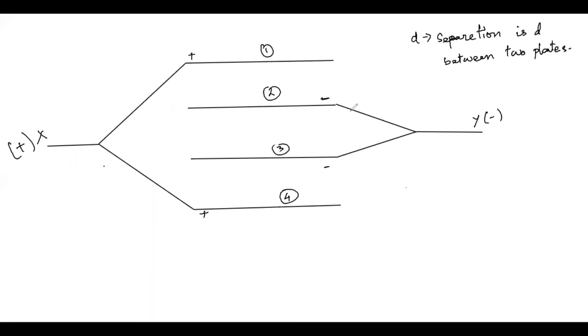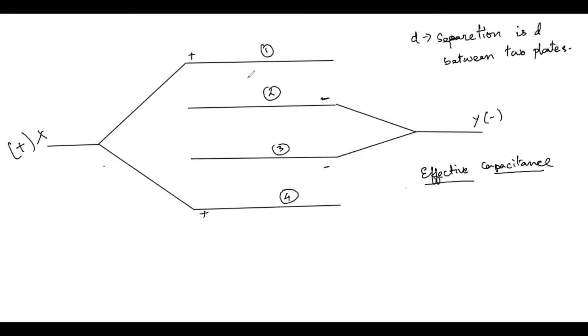So for this arrangement, when we find the effective capacitance, it is nothing but a parallel combination of two subcapacitors.